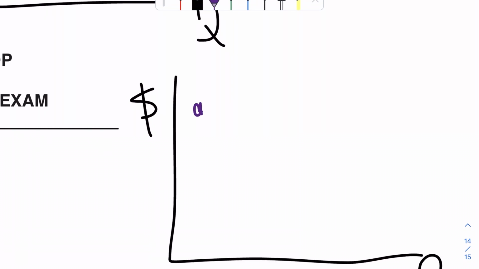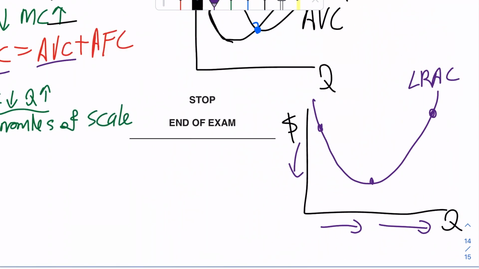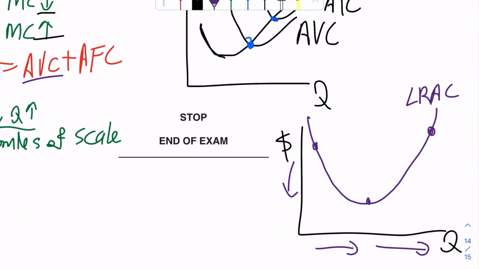You need to show that as you make more output, your costs are going down and then the costs are going up. So all you need to do is a U shape and you label it as your long run average cost. That's all you have to do for part D. You don't need the arrows. The arrows are just what I wrote to help you out.